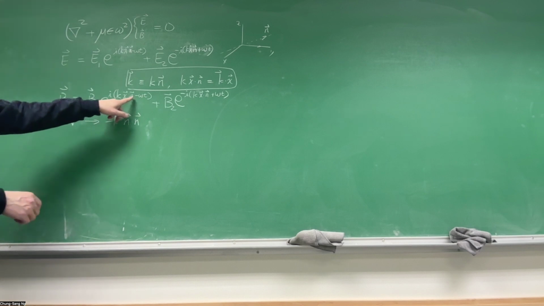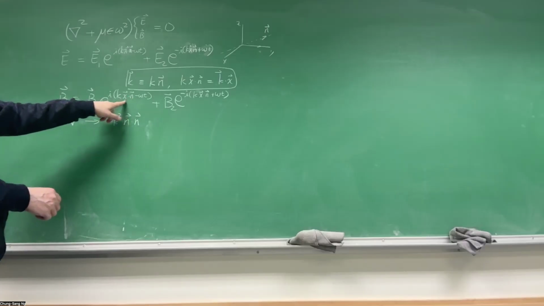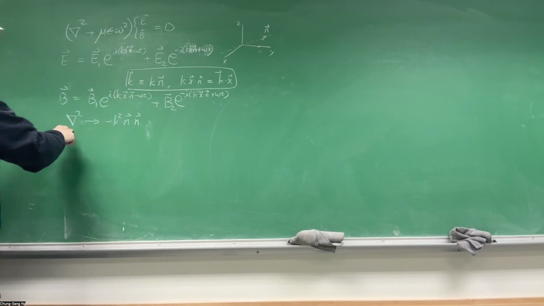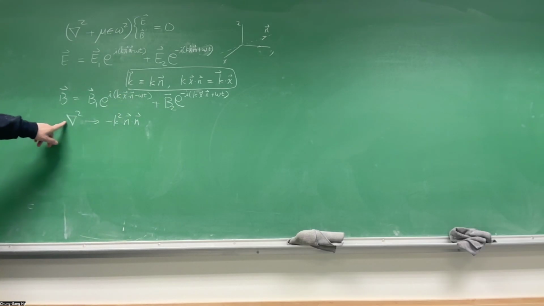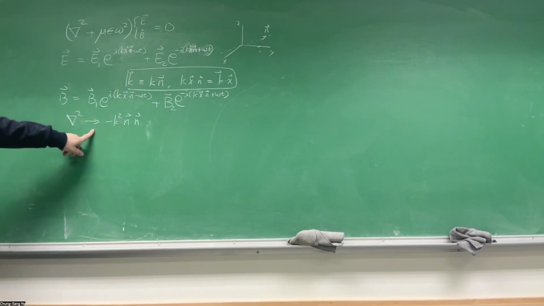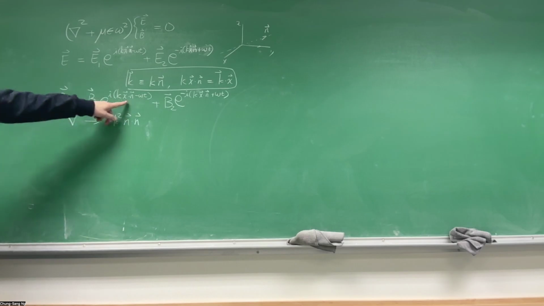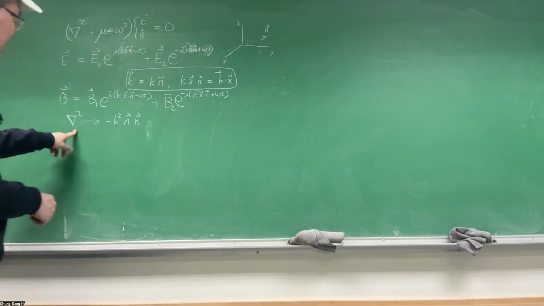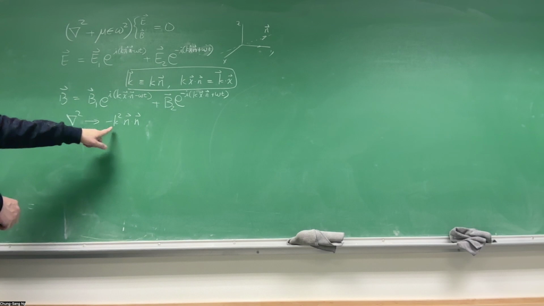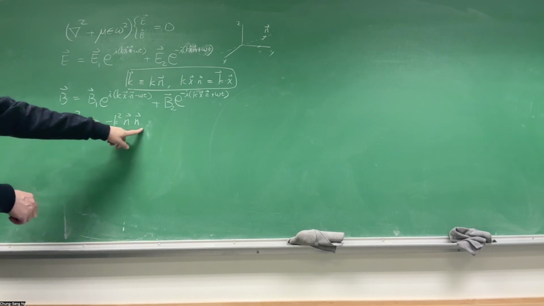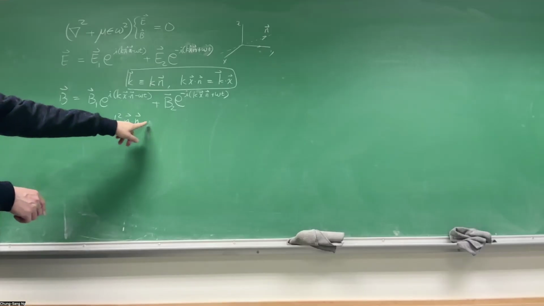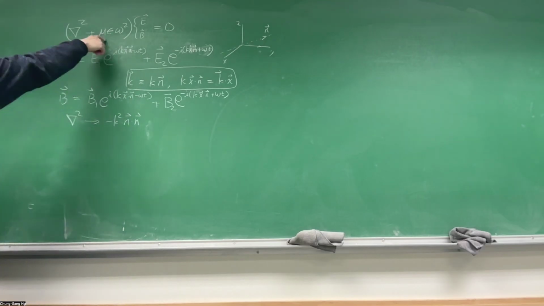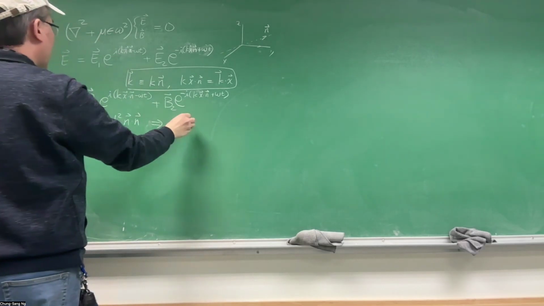Basically you have n sub x times x plus n sub y times y plus n sub z times z, and the Laplacian is partial squared over partial x squared plus partial squared over partial y squared plus partial squared over partial z squared. So it operates on these x, y, z coordinates. We differentiate twice, and you have minus k squared, and then n x squared plus n y squared plus n z squared, so you get n dot n.